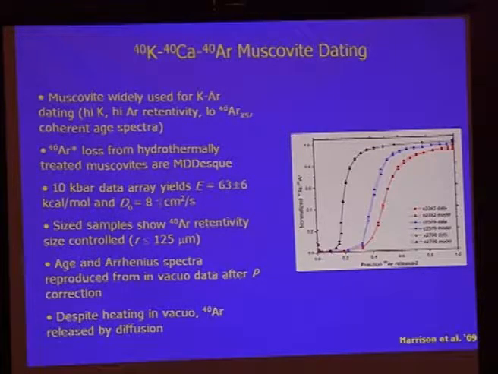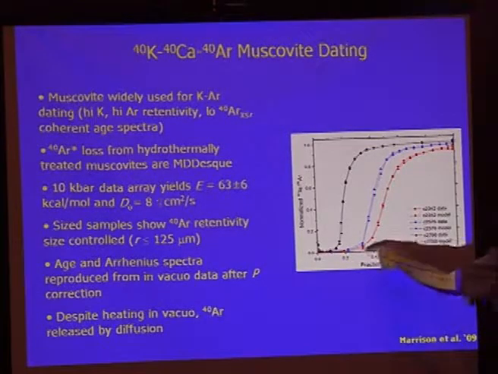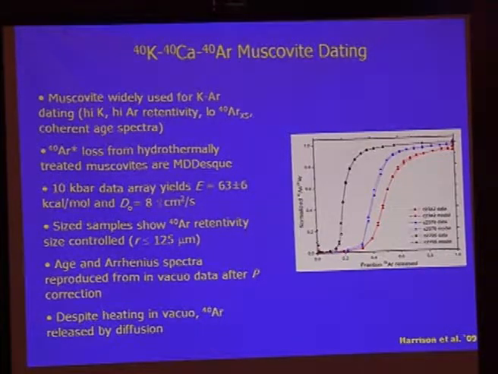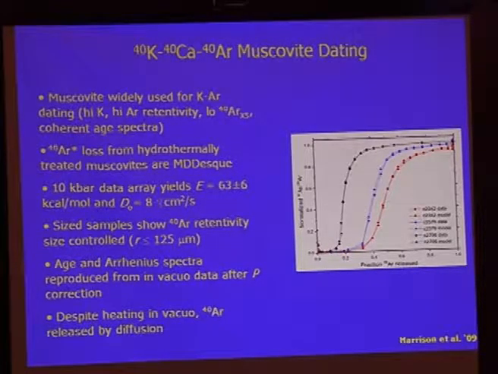Every sample did this. And the ones that were degassed more had lower peak ages. This is diffusion behavior. And somehow we took this hydrous phase, kept it stable in the piston cylinder at 20 kilobars, say, but then put it in a vacuum at 10 to the minus 9 torr, and the argon was released as if the material was stable.